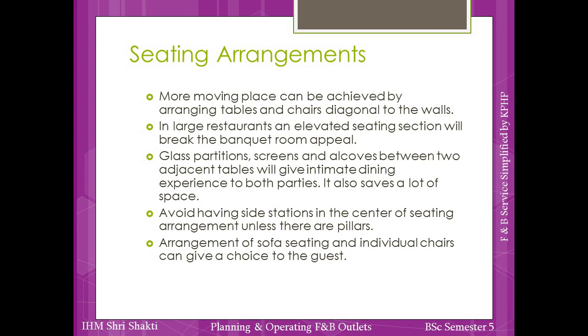But logically, for dining, that is for eating, sofas are not advisable, because they give a sinking feeling and don't give an upright sitting posture to eat your meal. So a chair is always preferred at a dining table. But families and people who come with infants and kids require some sofa seating. That's why most restaurants give some choice of sofa seating along with the dining chairs.